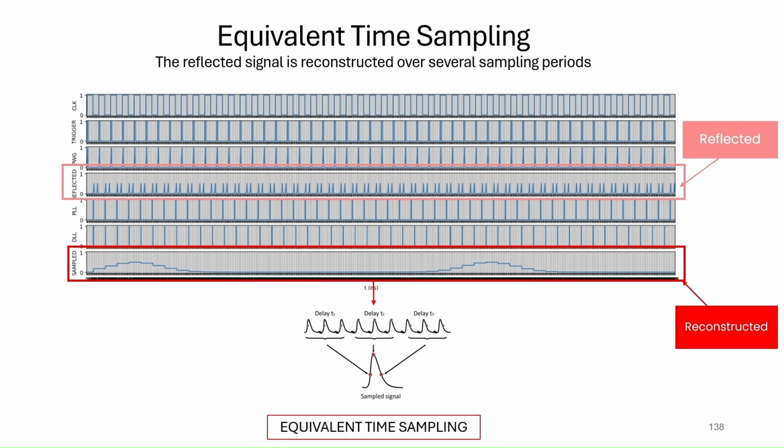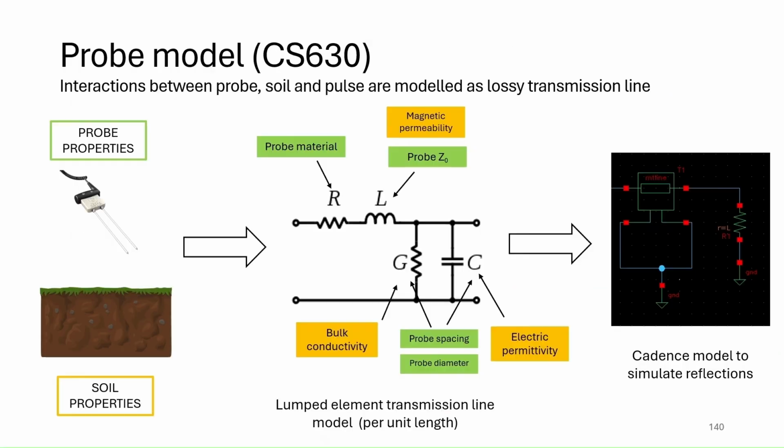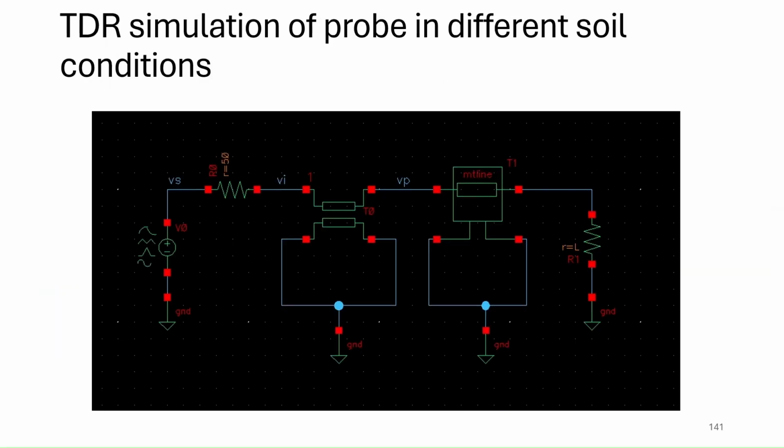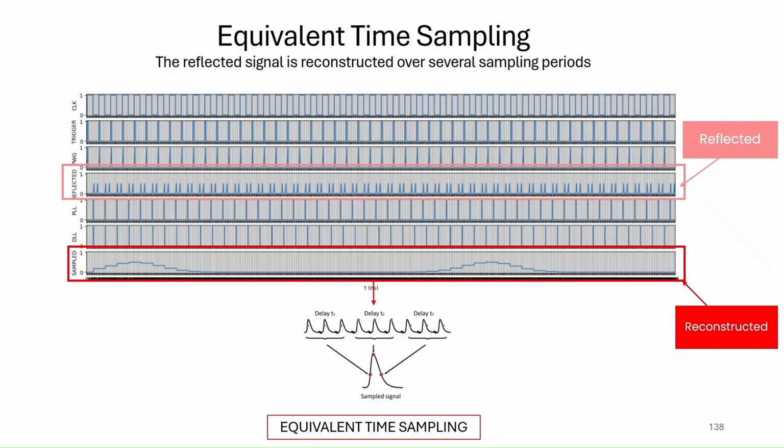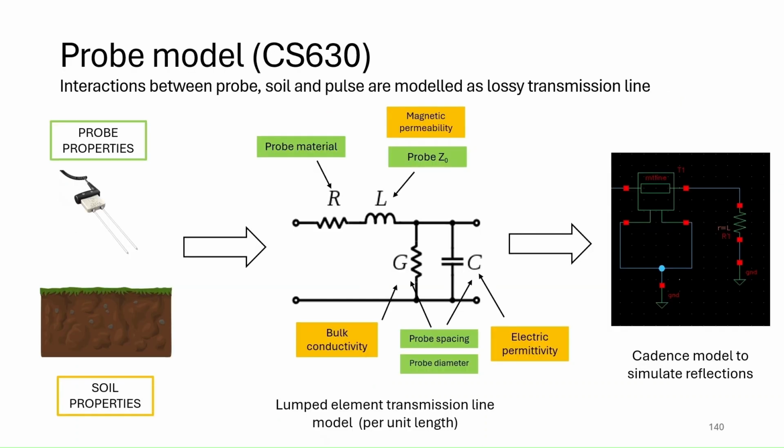We're collecting 15 samples, but in the end we are only reconstructing 2 samples. That is the way we are collecting more data with this low spec ADC, because we want to consume as little power as possible.